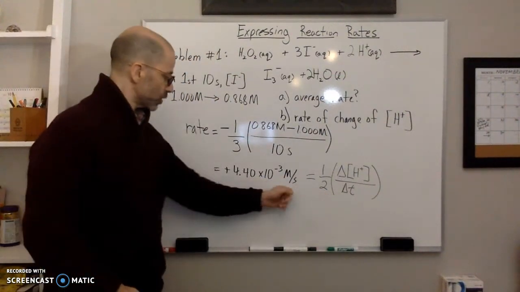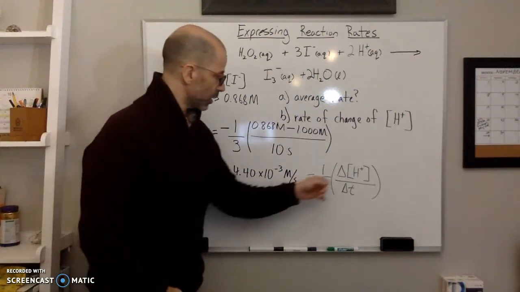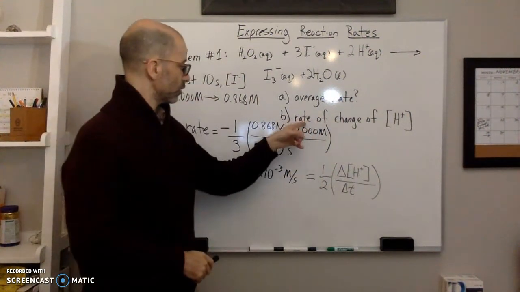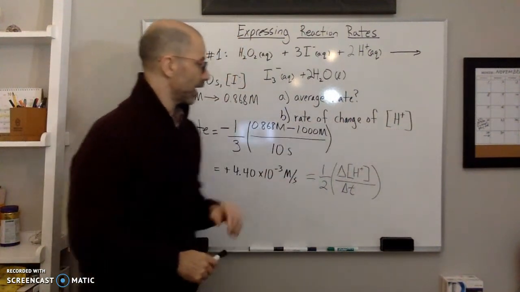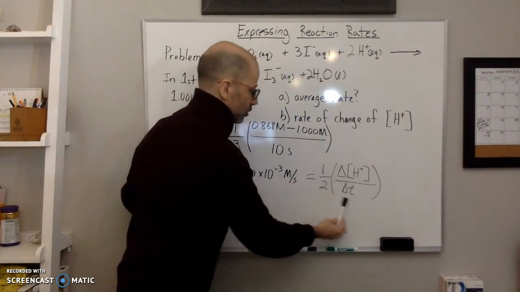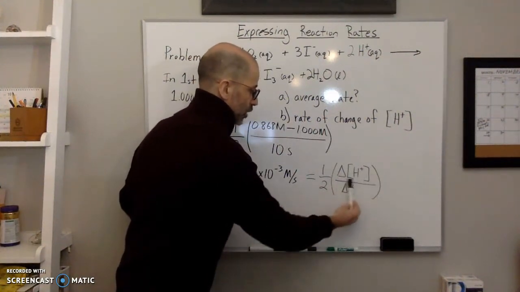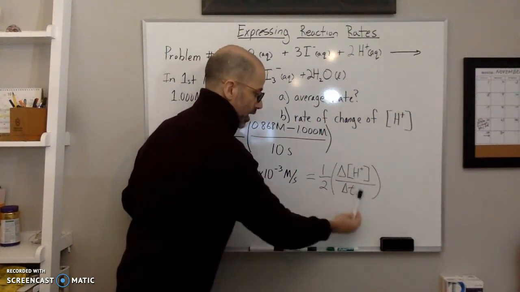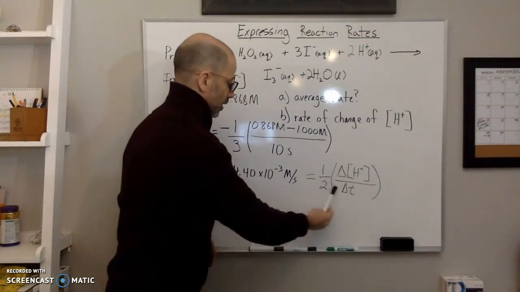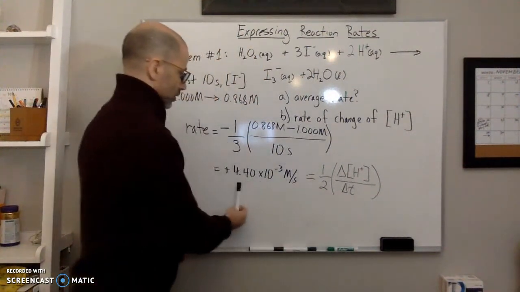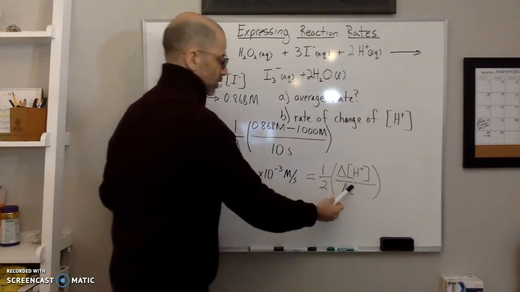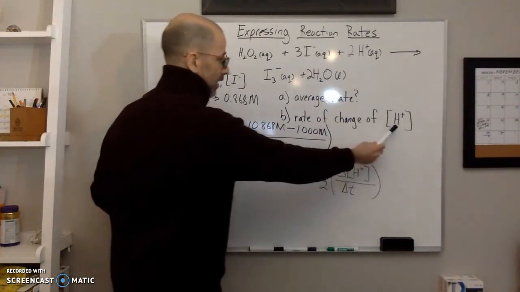Since we know the rate of the reaction, we're looking for the rate of change in H plus ion, which is this right here. This is what we need to find. So the change in H over time, times 1/2, is equal to this. So we can look for the change in the H plus.